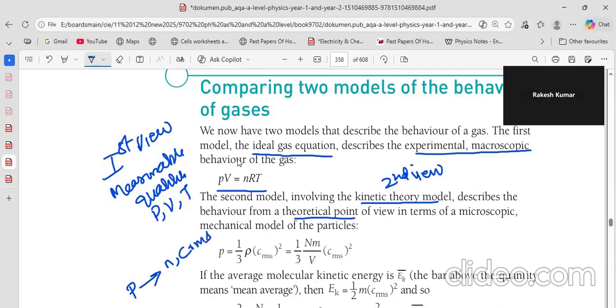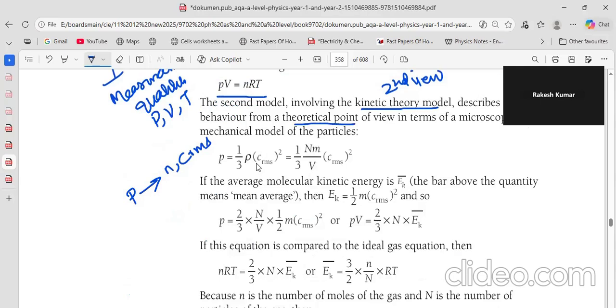What they do is, once they relate the pressure and the volume, PV, they have related PV to the RMS speed and the number of particles. Then they have related PV to kinetic energy, half mv square.